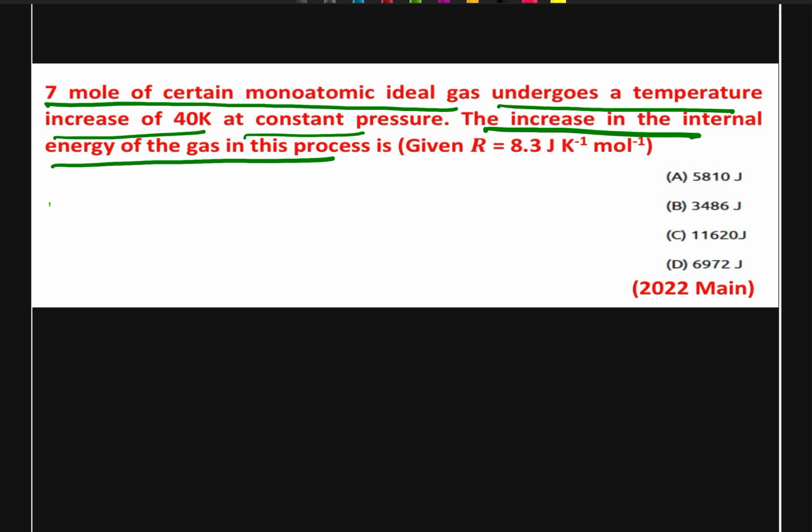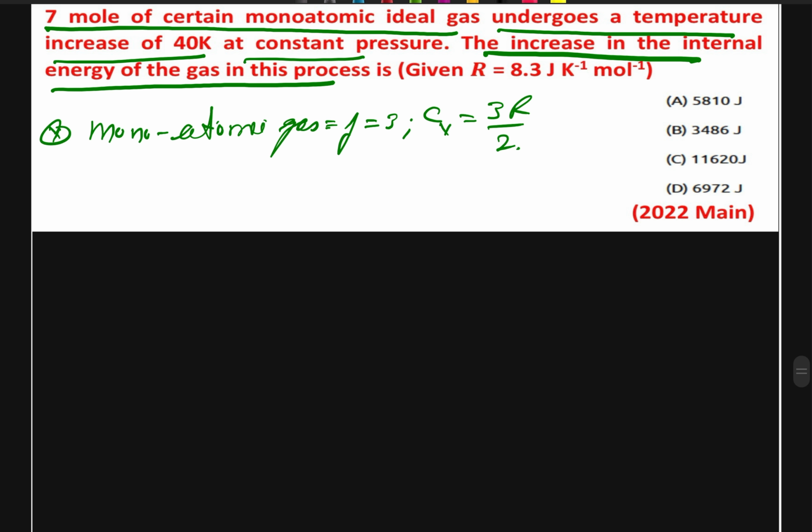So we know that for monatomic gas, degree of freedom is 3, therefore we can say our C of V will be equal to 3R upon 2.